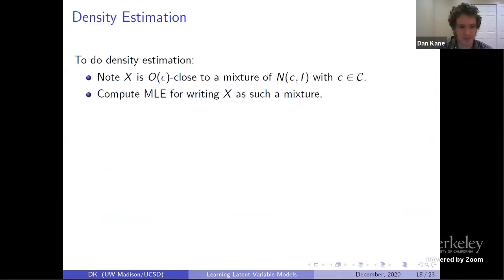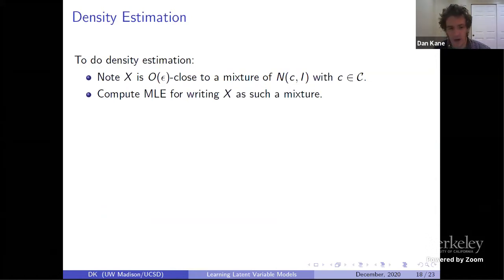Now, how do we deal with this? Well, if we want to do density estimation, we note that if we take each of these mu's and round them to the nearest element of our cover, all of the reasonably heavy mu's were only moved by epsilon. And so we've only changed the distribution by epsilon. So in particular, our original distribution X is O of epsilon close to some mixture of N(c_i, I) distributions where c_i was in our cover.